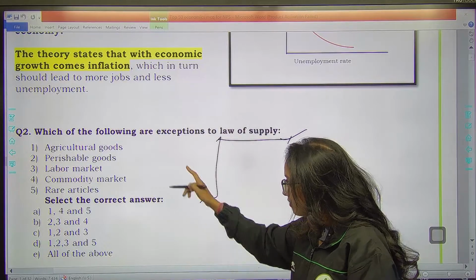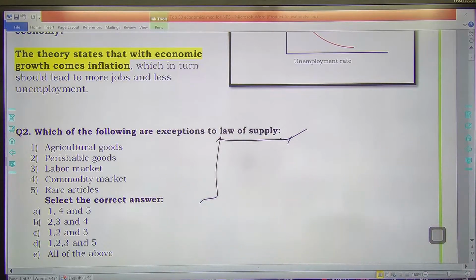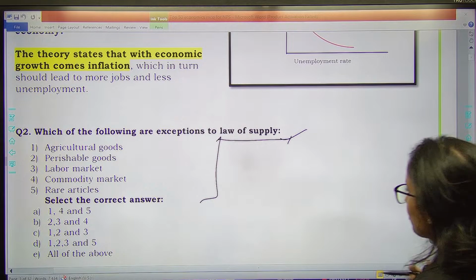You need to tell me which of the following are exceptions. Anyone? Which of these are exceptions to the law of supply? Quickly.